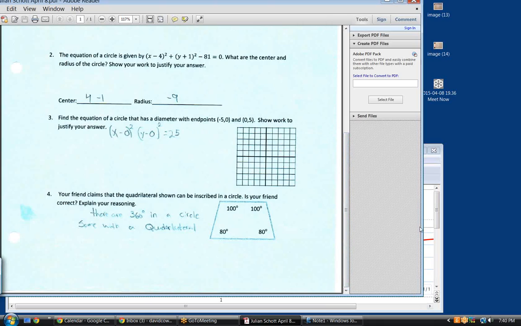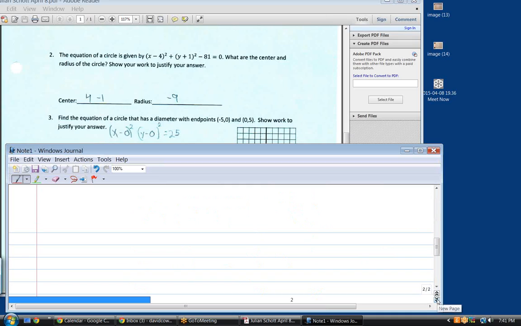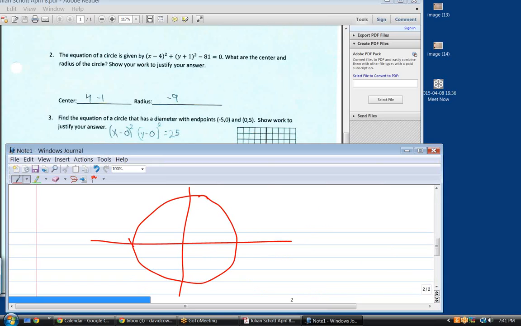Okay, let's look at the problem where the endpoints of the diameter are minus 5 and 0, which is right there. The other endpoint is up there. So it's not centered at the origin.